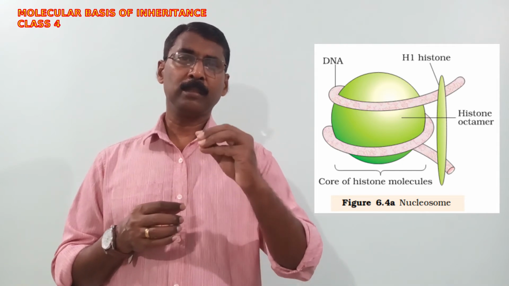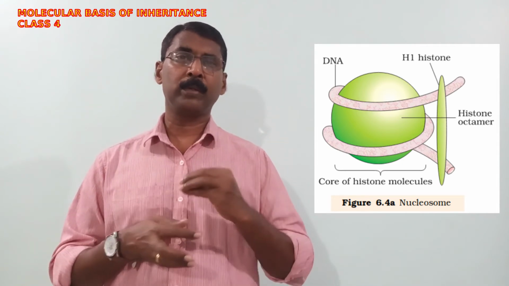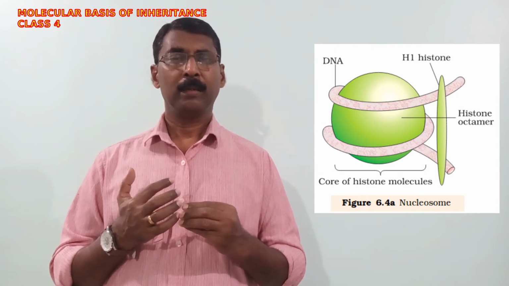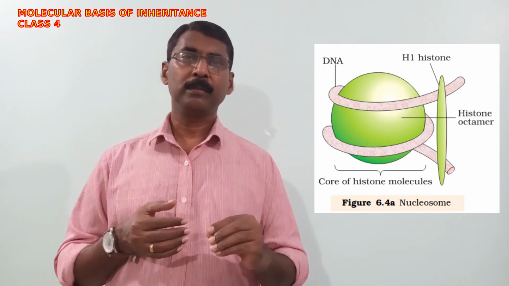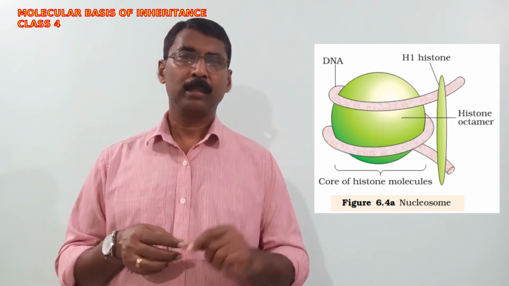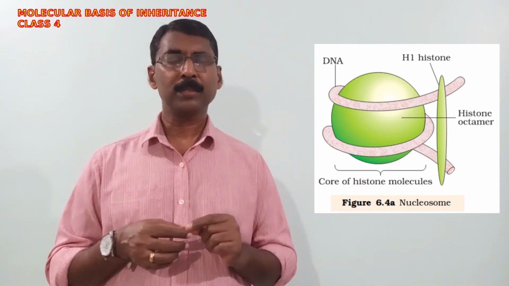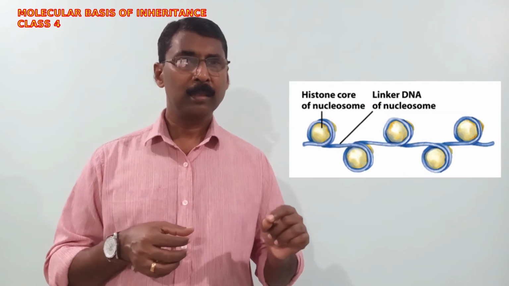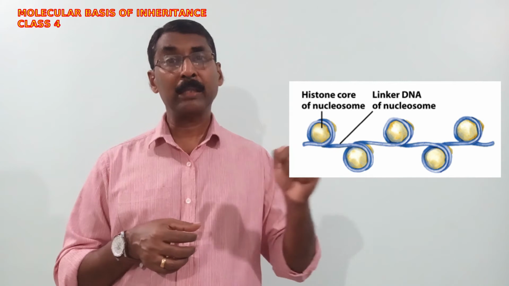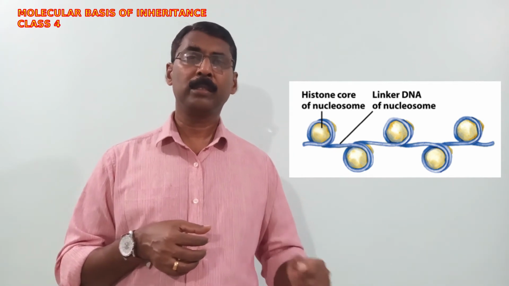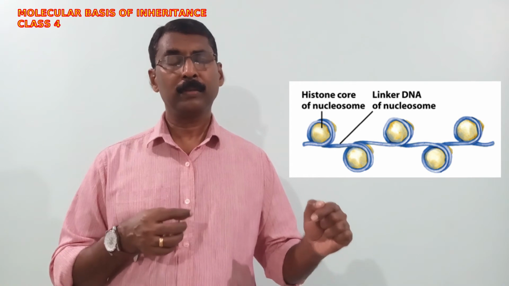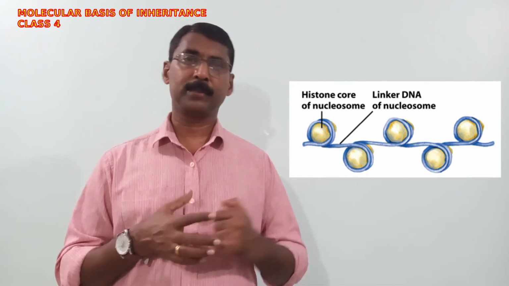And after this wrapping of 200 base pairs around a histone octamer, the DNA molecule comes out of this octamer, runs a short distance, then it again gets wrapped around another histone octamer, to a length of 200 base pairs.